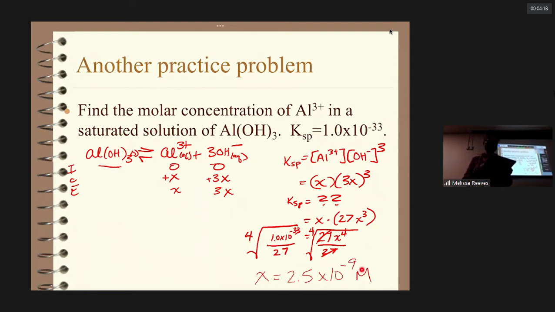At the end of a not super complicated problem, we got that X was 2.5 times 10 to the minus molar. And that gives us the aluminum concentration, but I want you to notice that to get the hydroxide concentration, you have to multiply it times 3.